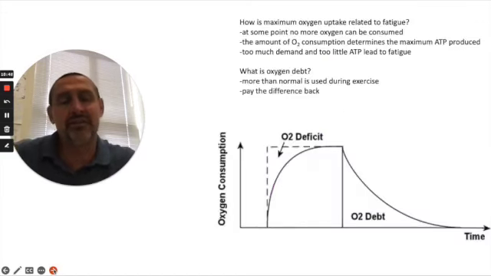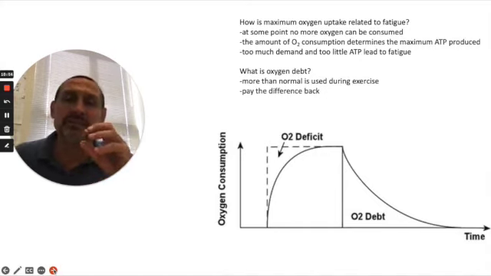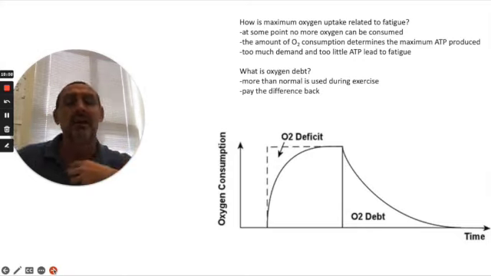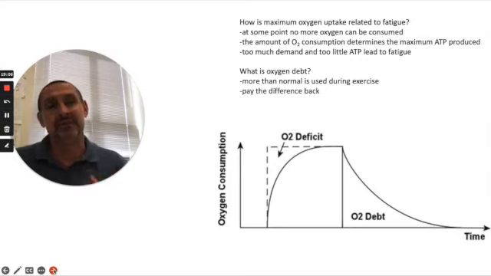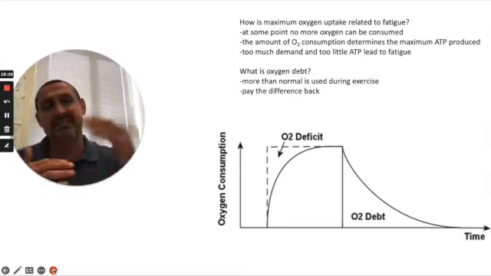So here's a little graph that's illustrating the idea of oxygen deficit and debt. All right, so our cells need oxygen, and at some point we can't get oxygen to our cells fast enough. Even though we're breathing rapidly, we're burning more oxygen than we can deliver. So that difference begins to widen. All right, that's the oxygen debt.